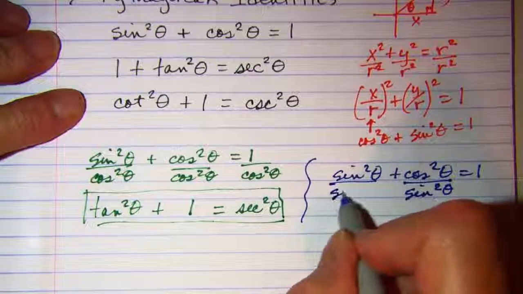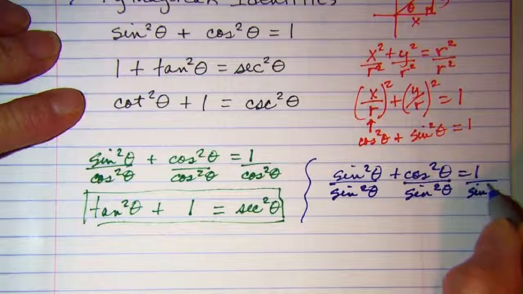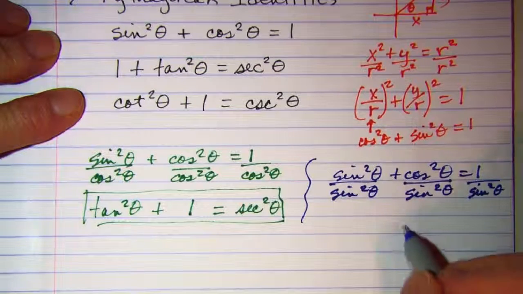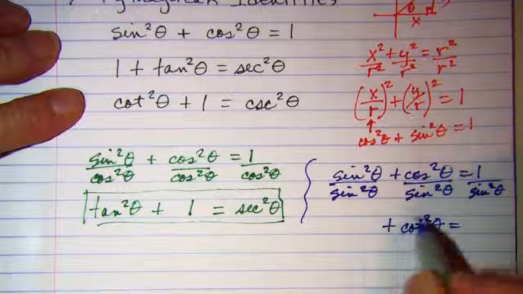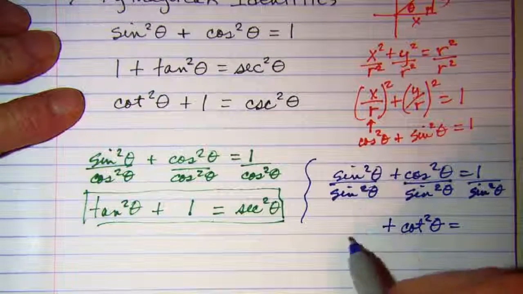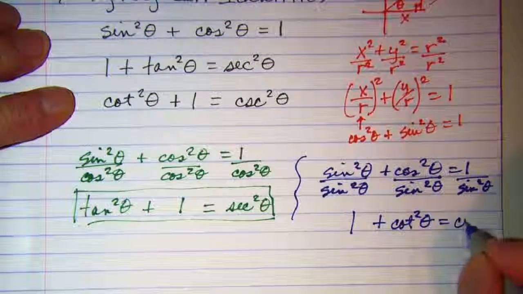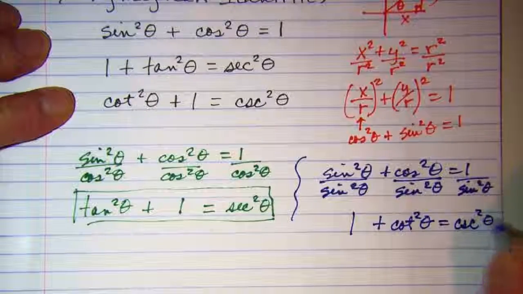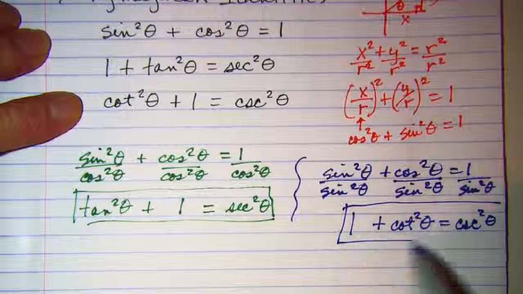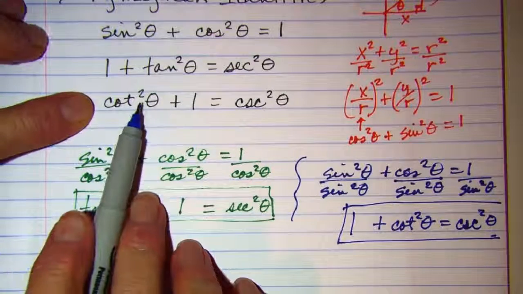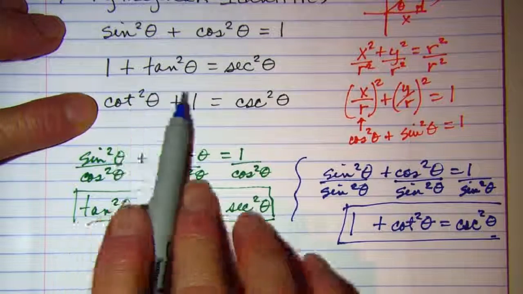So divide everything by sine squared. And that gives me my cotangent squared theta. And then sine squared divided by sine squared is 1, and then 1 divided by sine squared is cosecant squared. So this gives me my third identity. Now we know that addition is commutative, so it doesn't matter what order here.